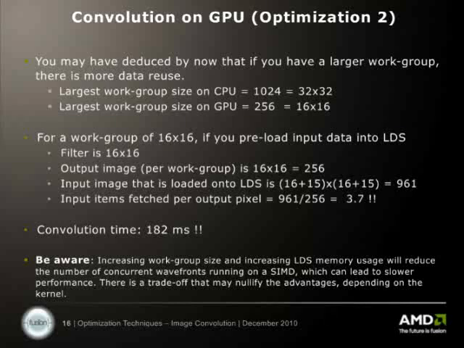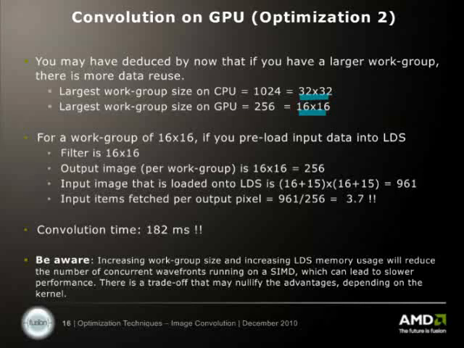Now, we have seen that we can reuse data from the neighboring pixels, right? We were using an 8x8 work group. Now, what if we use a 16x16 work group? There will be more data reuse, right?